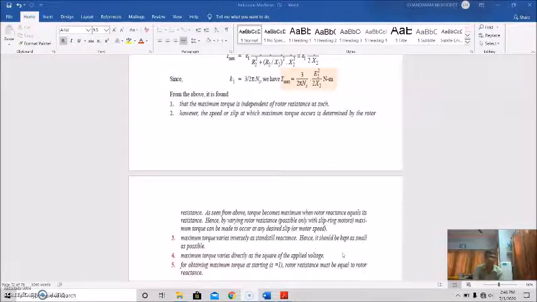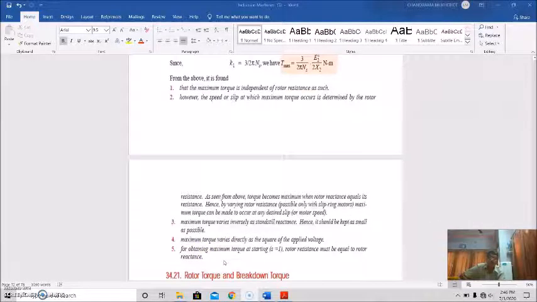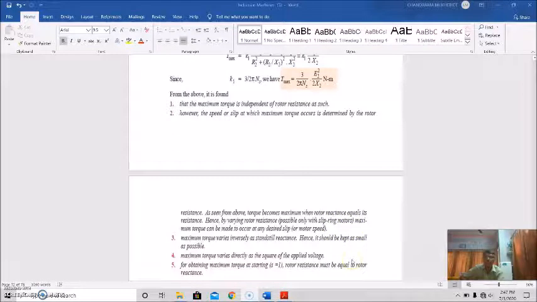Hence, by varying rotor resistance, possible only with slip ring motors, maximum torque can be made to occur at any desired slip or motor speed. Maximum torque varies inversely with standstill reactance, hence it should be kept as small as possible. And maximum torque varies directly with the square of the applied voltage. For obtaining maximum torque at starting, S equal to 1, rotor resistance should equal the rotor reactance. So these are very important observations.